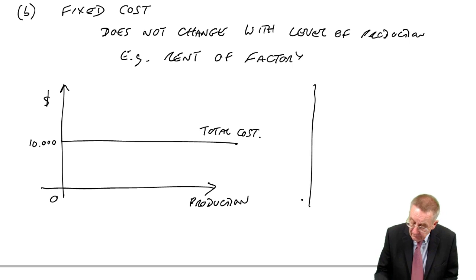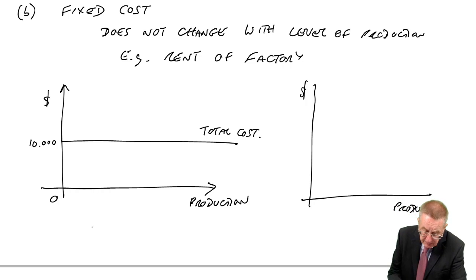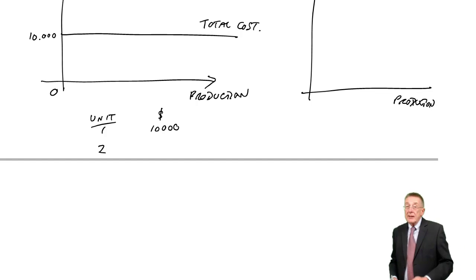However, suppose you were asked about the cost per unit. Think about this. If we only produce 1 unit, how much is that 1 unit going to cost us here? It's going to cost 10,000. But if we produced 2 units, we're still paying 10,000 in total.